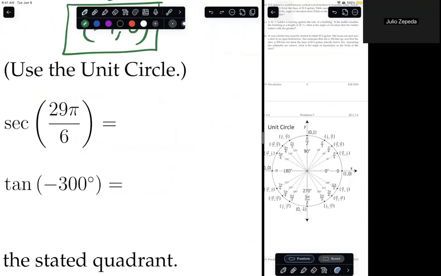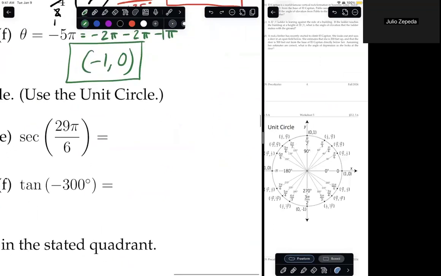So the secant of 29 pi over 6. 29 pi over 6 is equal to 24 pi over 6 plus 5 pi over 6.